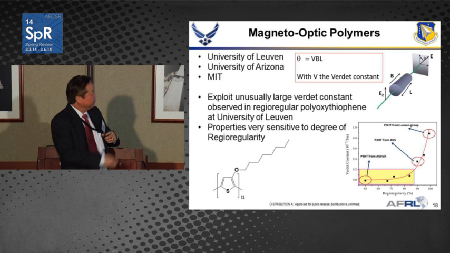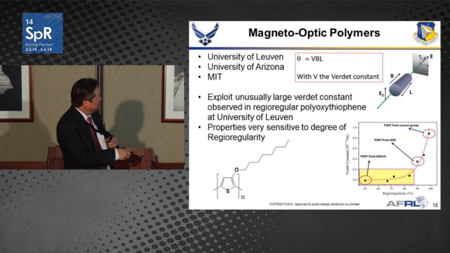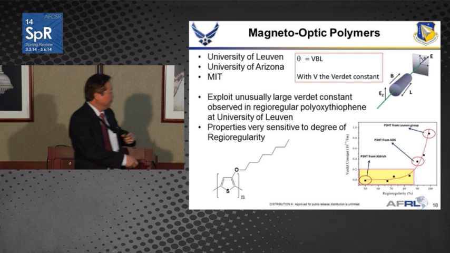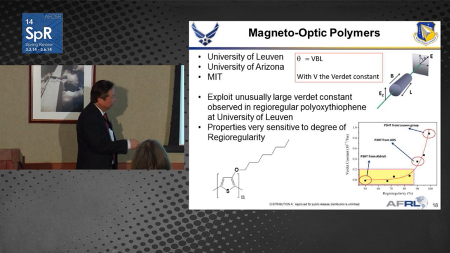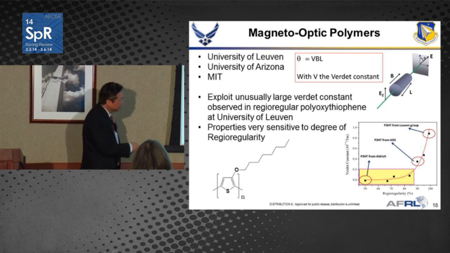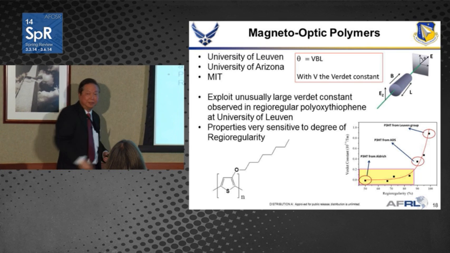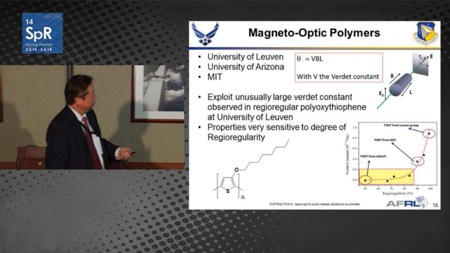But this property is very sensitive to the degree of regioregularity of the polymer chain. So for the regioregularity, this bond has to stay on this corner of the diagram along the polymer chain. If any one of them switches to this side, then you don't have the high degree of regioregularity that you want.